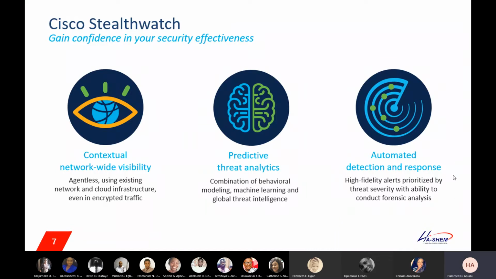Cisco Stealthwatch is basically a behavioral analytics solution that models your devices. Once it models your device, it sets a baseline, and once there's any deviation from the baseline, it sends you an alert. That's what Cisco Stealthwatch is as a product.